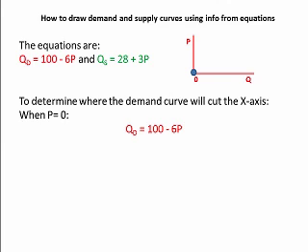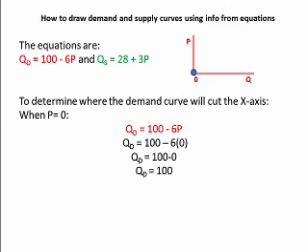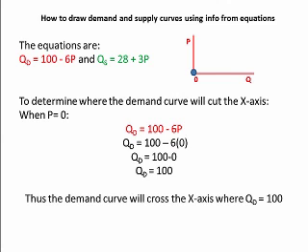Quantity demanded equals 100 minus 6p. We're going to replace the p with 0. Thus quantity demanded is equal to 100 minus 6 times 0. Thus quantity demanded is equal to 100 minus 0, which is quantity demanded equals 100. Thus the demand curve will cross the x-axis where quantity demanded is equal to 100.